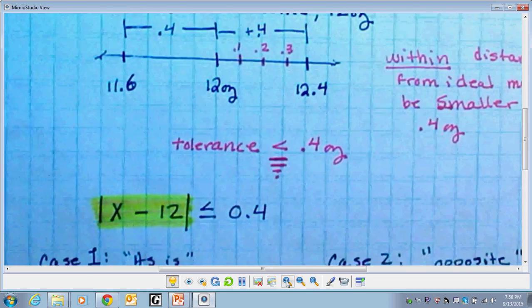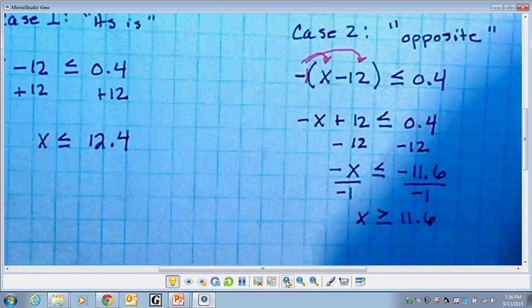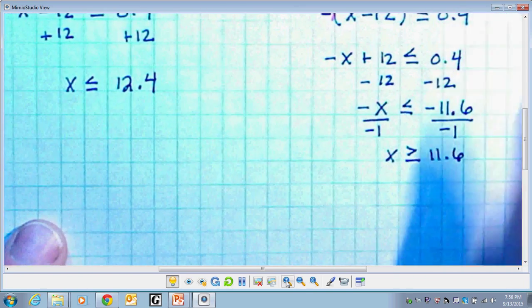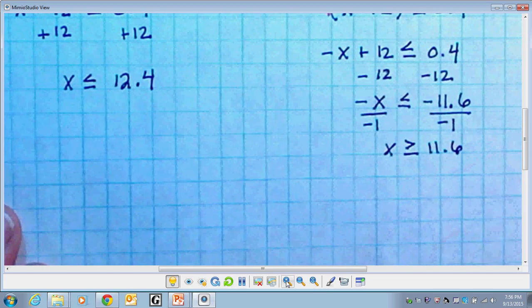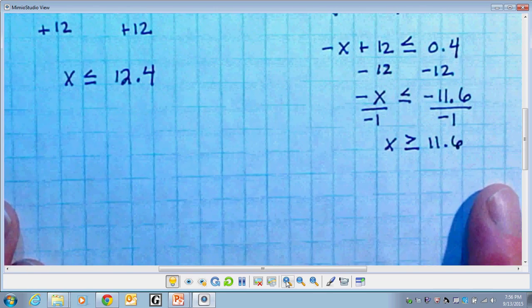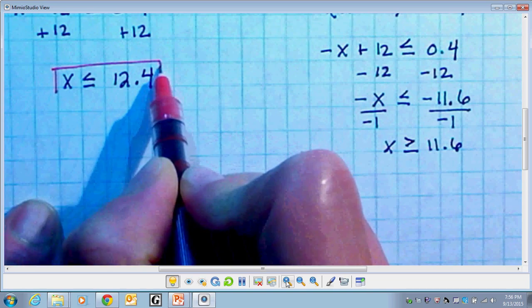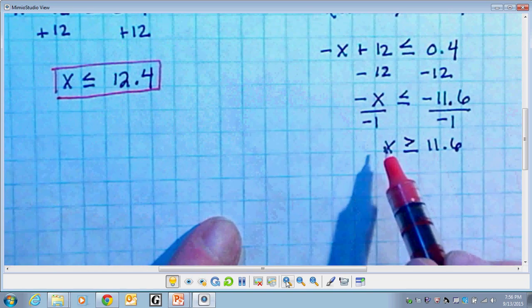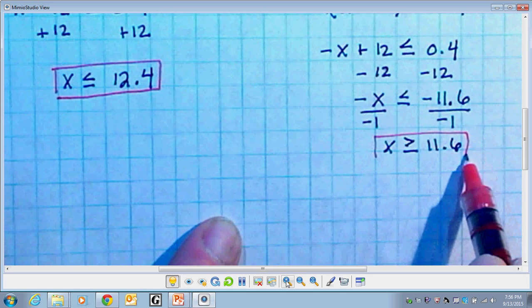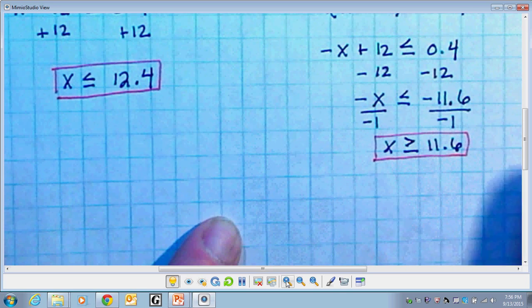Okay, so now we want to talk about graphing. So let's say we didn't have the pictures that we've done before, and we're just asked to graph our answers. And this looks like we have 2 answers here, but I have to figure out how to graph this.